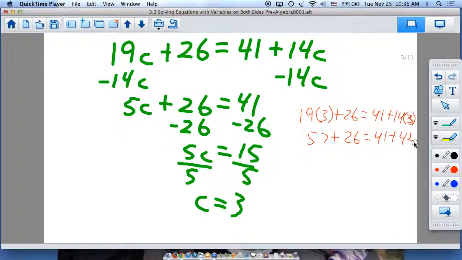When I add 57 plus 26 together, gives me 83. When I add 41 plus 42 together, I get 83. So we can see both sides of our equation are equal to one another. So we know we got the right result for c.